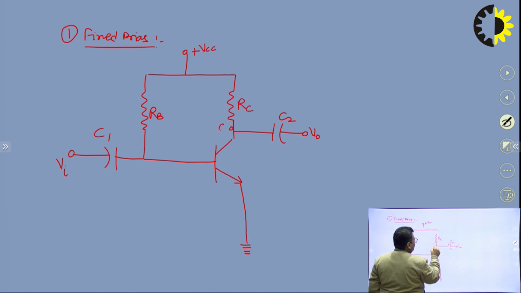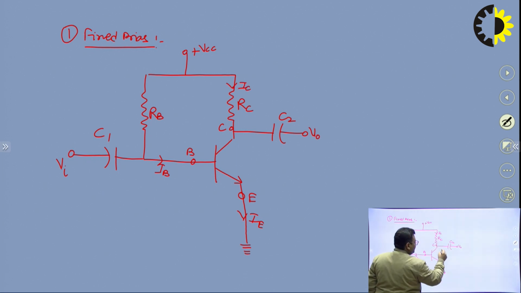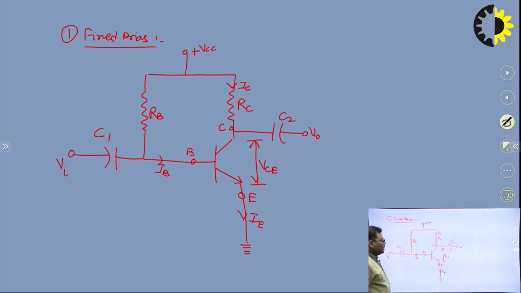Here we have our collector terminal, this one is your base terminal, and here you have your emitter terminal, right? The current flowing through this will be IB, here the IE current is flowing, and from here the IC current is flowing, and here the voltage is VCE, right?